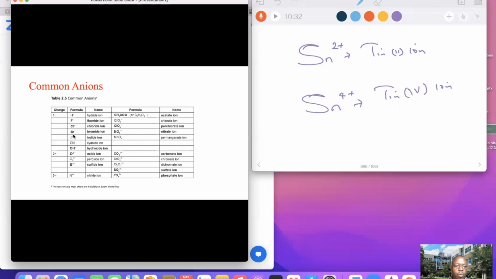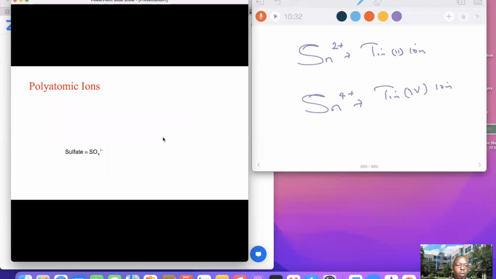I walked you through monoatomic using the periodic table: hydroxide, oxide ion, nitride ion, phosphate, phosphide, sulfate, sulfide, dichromate, chromate, carbonate, permanganate. Please learn those common ions. So here, just a few polyatomic ions, groups of atoms with an overall charge, okay?